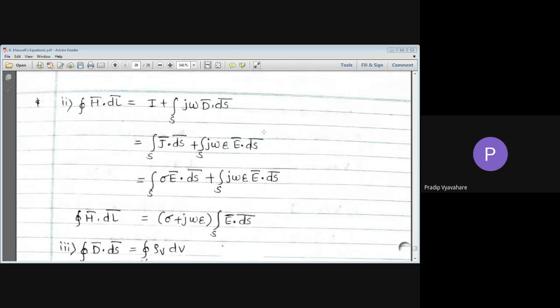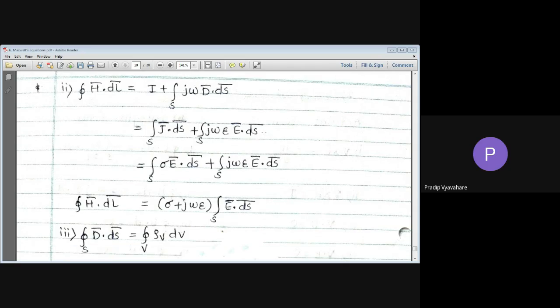Another equation in integral form, based on different parameters, is the closed integral of H bar dl equal to I plus the surface integral of jw D bar dot ds.